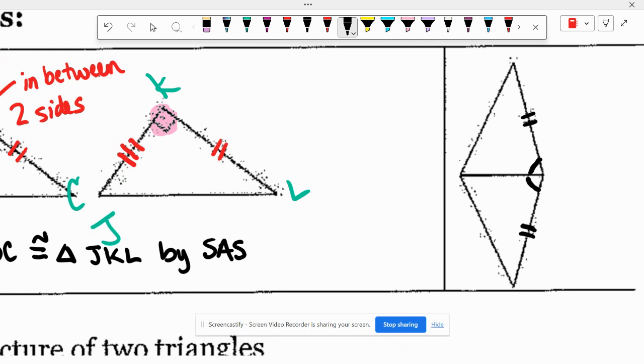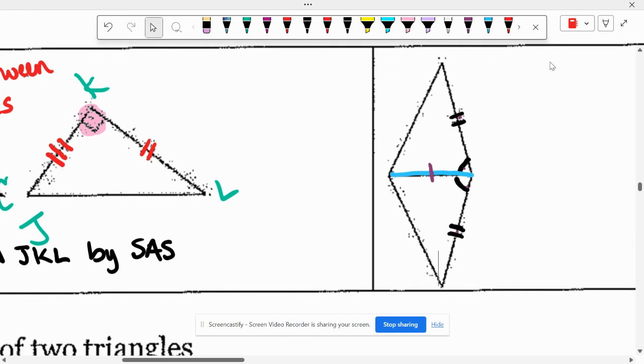Does anyone see a common side between the two triangles? Which one, Dakota? Yeah, this one in the middle, this is a common side. Do you guys see this? Both triangles share that side. That means it's congruent to itself. Now I have side, angle, side, side, angle, side. So these two triangles are congruent by side-angle-side as well.